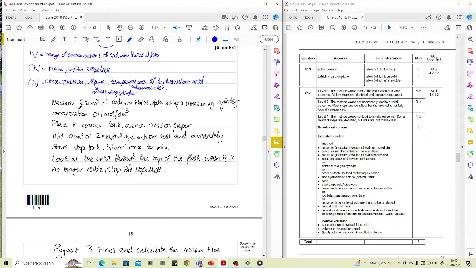So 25 centimetre cubed of sodium thiosulfate, that's a control variable which I didn't even mention, so the volume of sodium thiosulfate we can add in. Conical flask, cross over the paper, 10 centimetre cubed, 2 molar, so there's a control variable there, and there. Immediately start the stop clock, so the method will work.